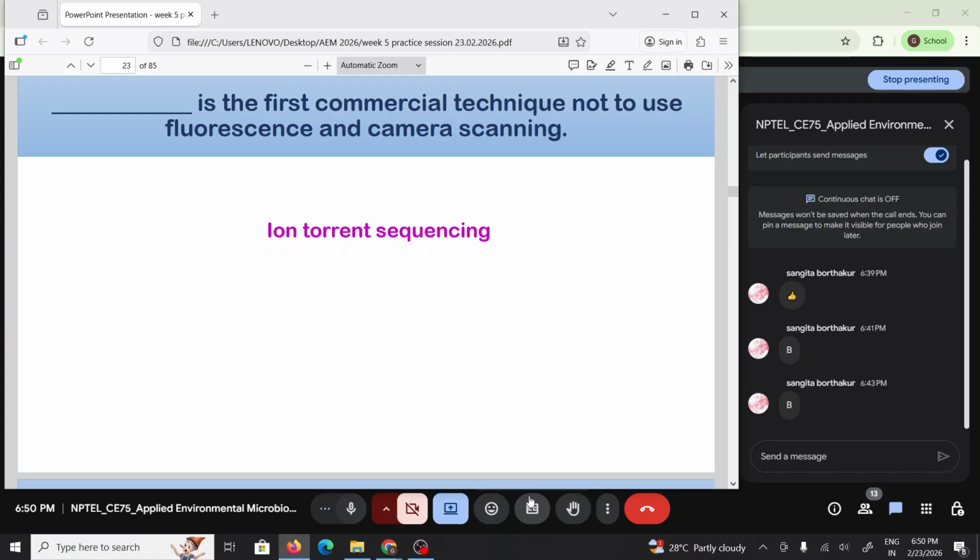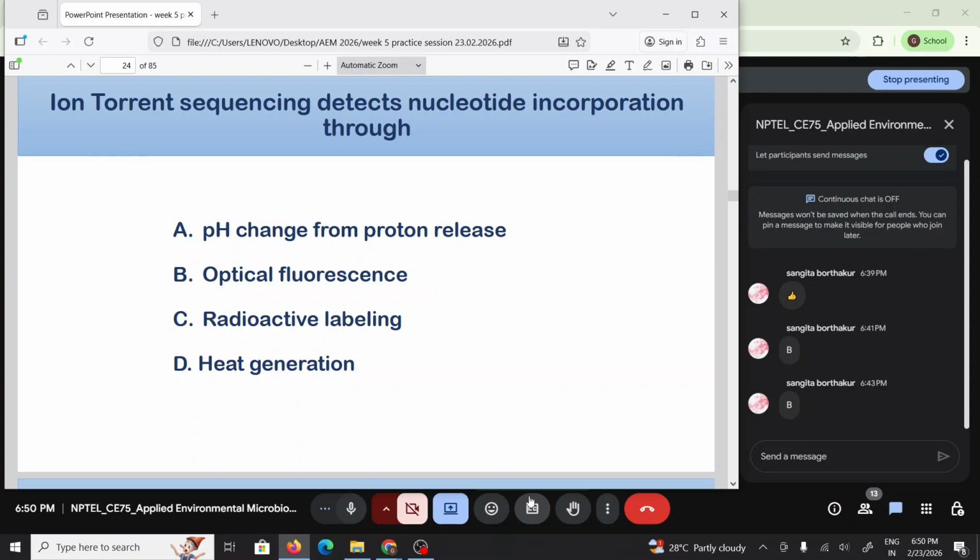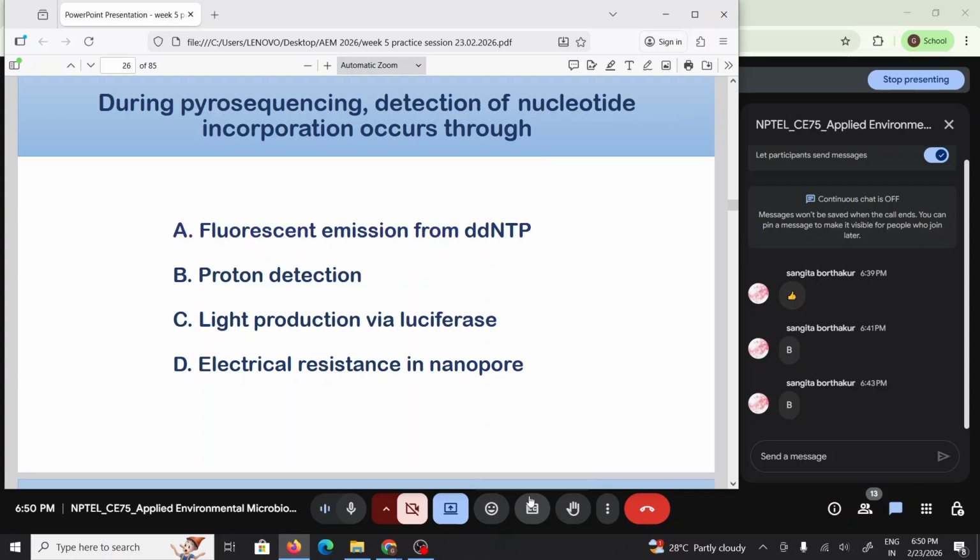We saw that it uses pH differences, Ion Torrent semiconductor sequencing. Ion Torrent sequencing detects nucleotide incorporation through pH change from proton release.